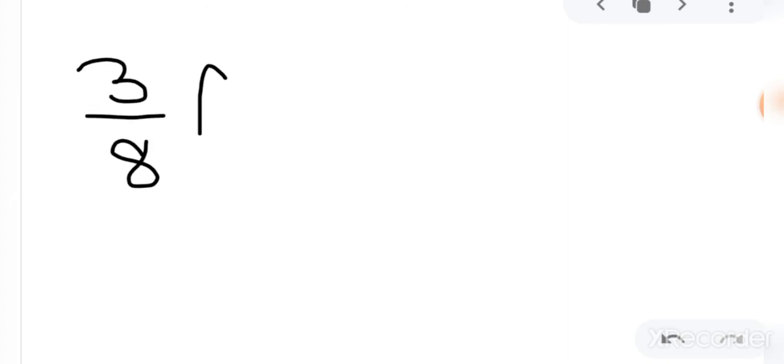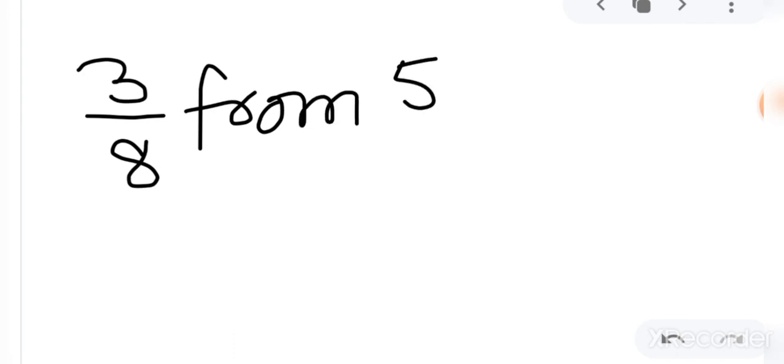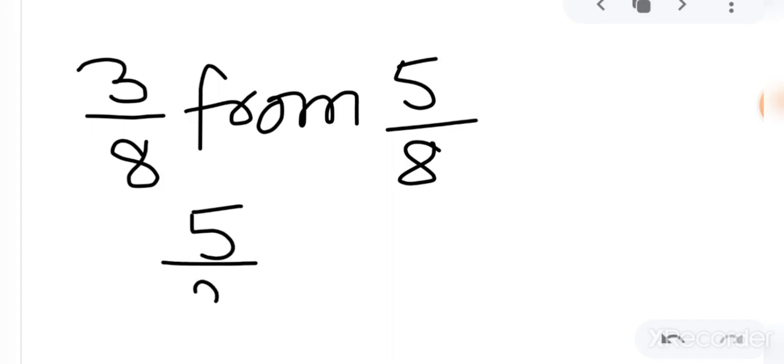Now let us take one more example. We have to subtract 3 by 8 from 5 by 8. So what we have to do is we have to firstly write the bigger number first. For subtraction, 5 by 8 is the bigger number. So we will write 5 by 8. And now we will subtract 3 by 8 from it.